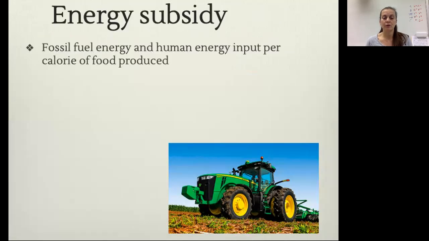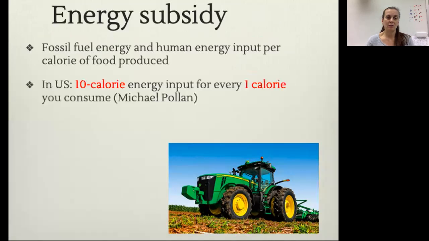There's fossil fuel energy and there's human energy. So when we talk about more traditional forms of farming, that was mostly human energy and some livestock energy. Now there's a lot more fossil fuel energy involved. And so when we talk about the energy subsidy, we're also talking about a pretty significant carbon dioxide subsidy.